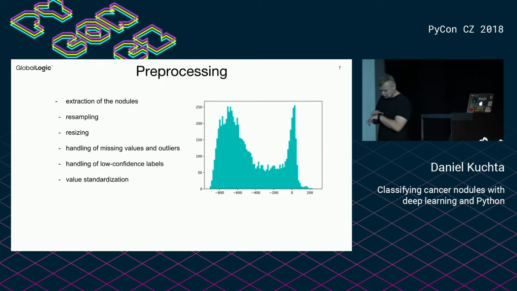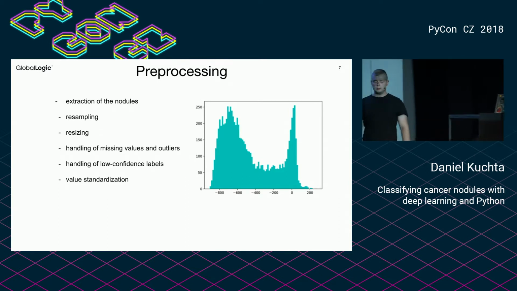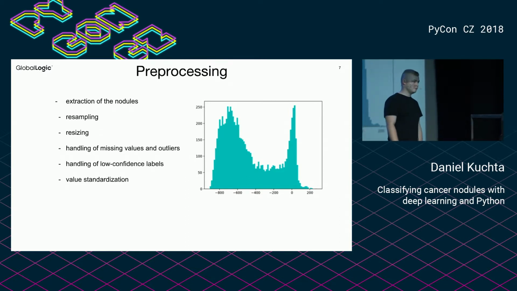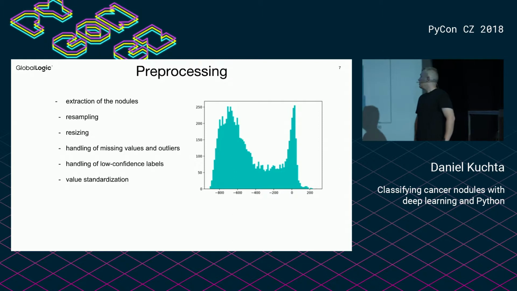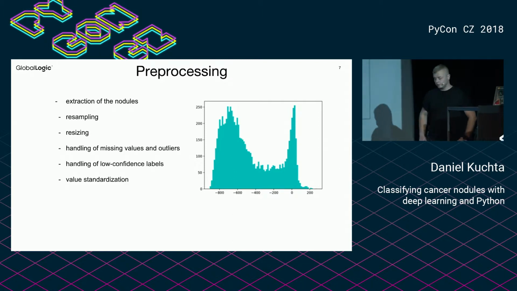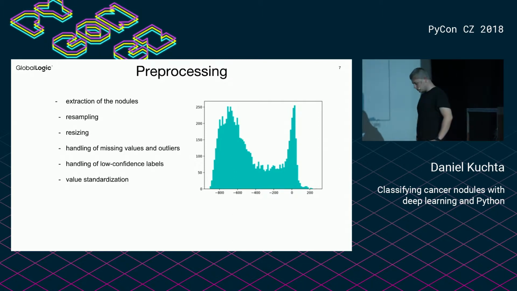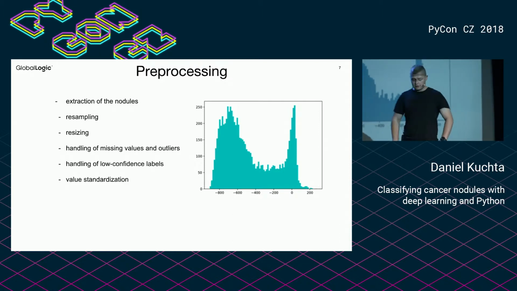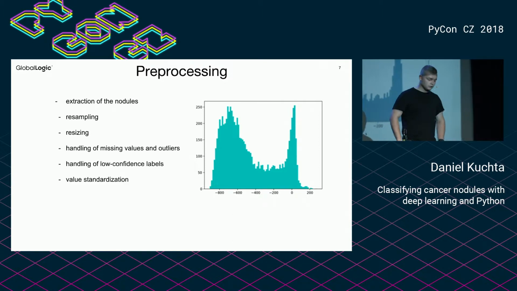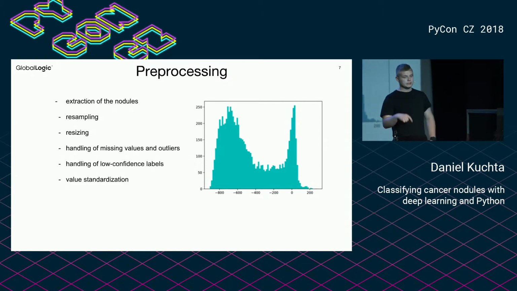So, as I told you, pre-processing is the most important part of a data science job. So, we firstly had to extract the nodules. The dataset we had contained annotation of nodules on each and every 2D slice.